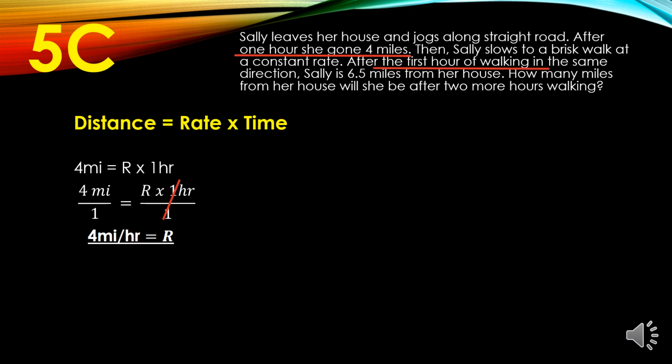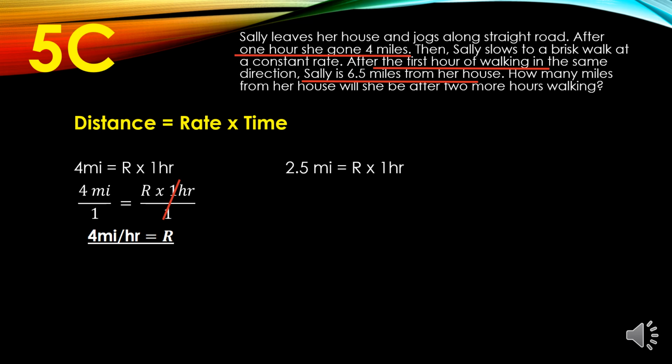Now for the second one, Sally slows to a brisk walk at a constant rate. After the first hour of walking in the same direction, Sally is 6.5 miles from her house. It means she went slower because she is now walking, not jogging. So you have 2.5 miles equals rate times 1 hour.